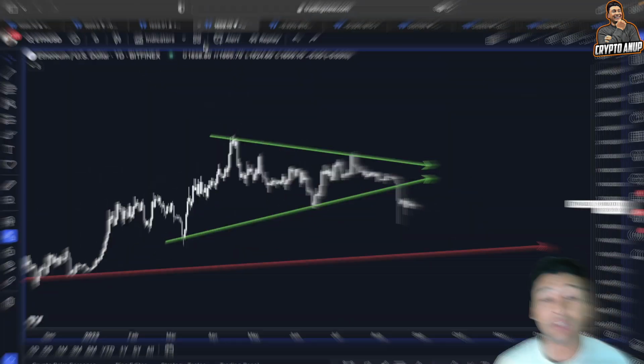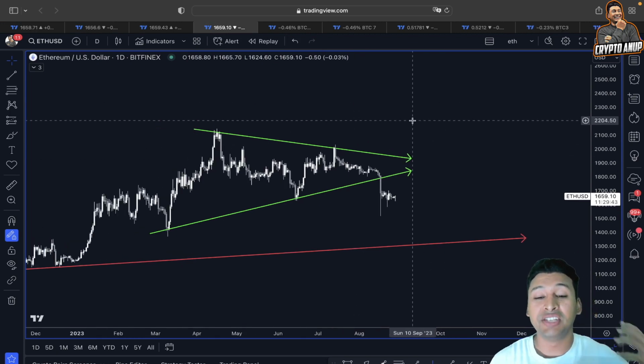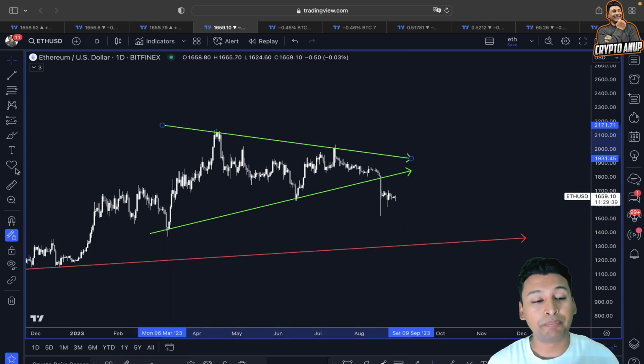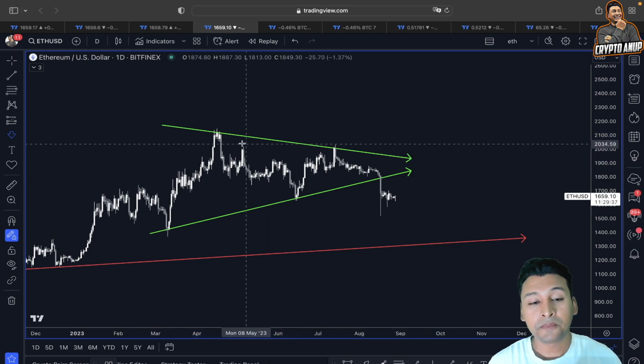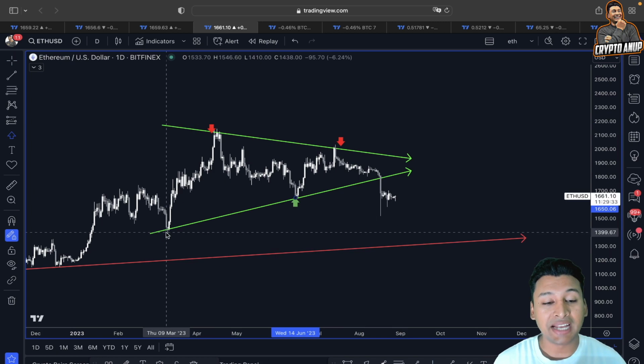But if you look at the price action of Ethereum in a daily time frame, another bearish symmetrical triangle is being flashed. Yes guys, this is a bearish symmetrical triangle because we have lost a support. The upper trend line was acting as a line of resistance, the lower trend line was acting as a line of support.